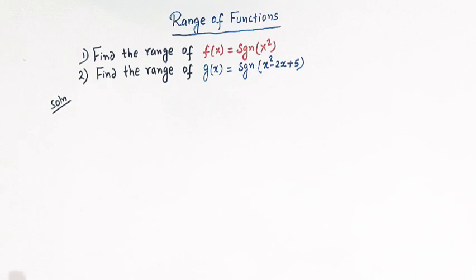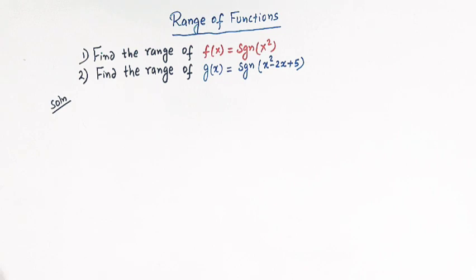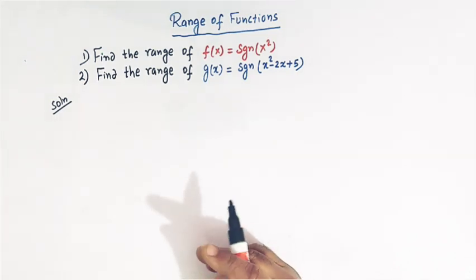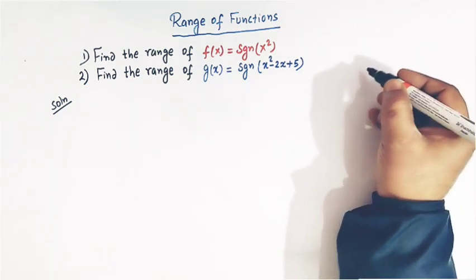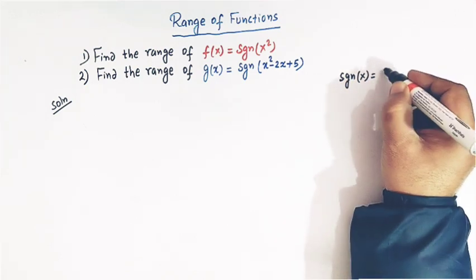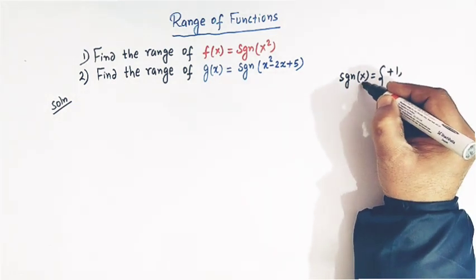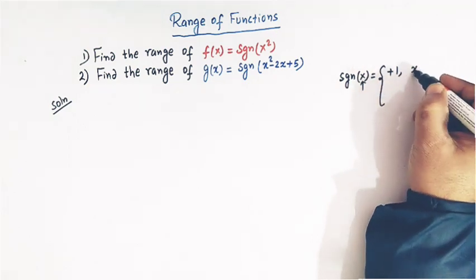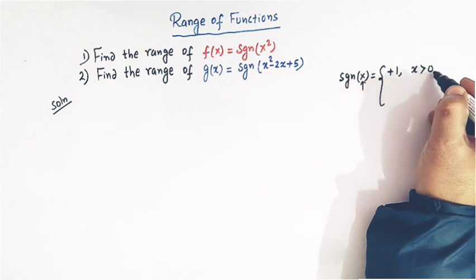Before finding out the range of these two functions, let us first revisit the definition of signum function. Signum function is a very important function in mathematics. Signum of x is defined as positive 1 whenever the input x is positive, so signum of x takes the value plus 1 whenever x is greater than 0.